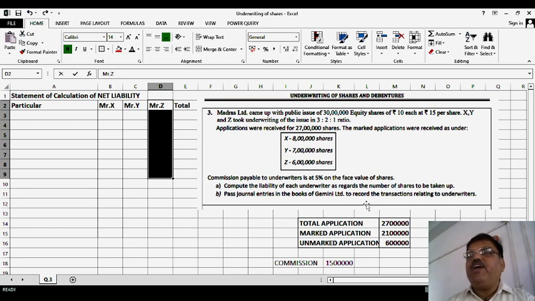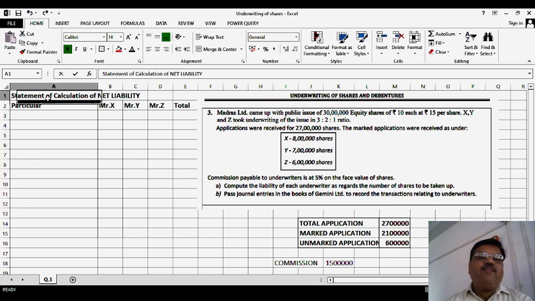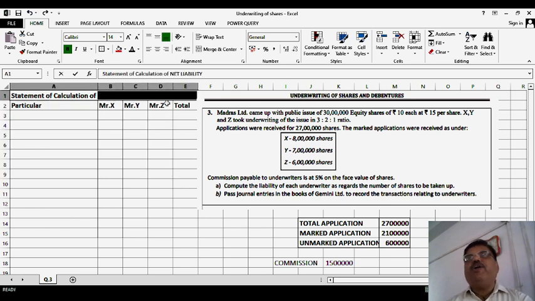So journal entry, second one is what? Journal entry in the books of company, that we will see later on. In this video, I'm going to take only the statement of calculation of net liability. So let us start now.